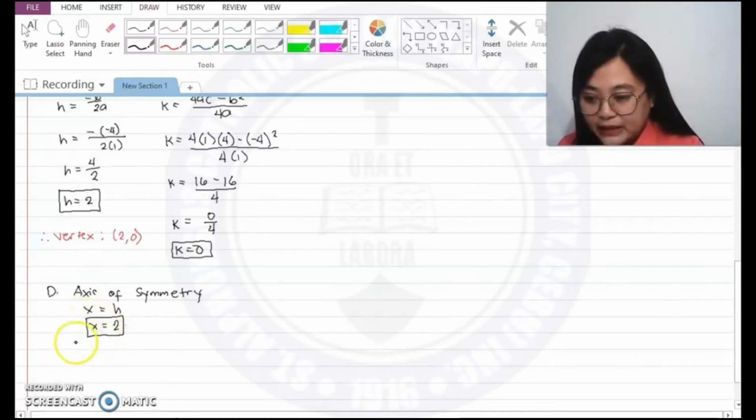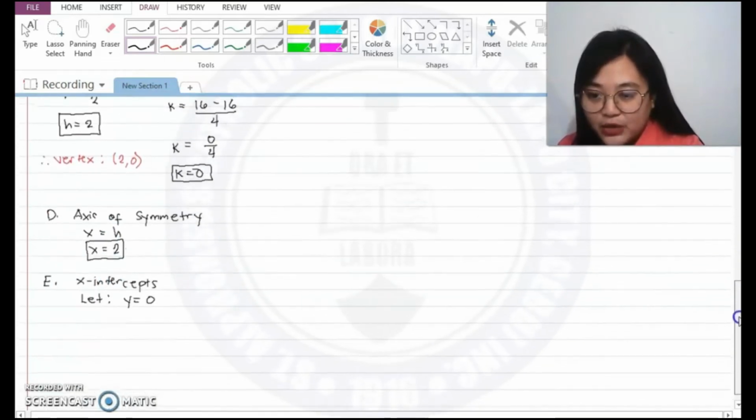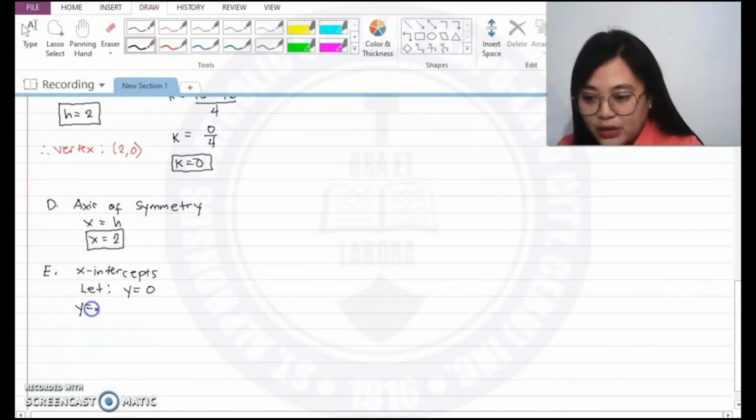Next, for E, we're going to solve for the x-intercepts. For x-intercepts, class, we're going to let y be equal to 0. From our quadratic equality, which is y equals x squared minus 4x plus 4, change y to 0, so it will become 0 equals x squared minus 4x plus 4.